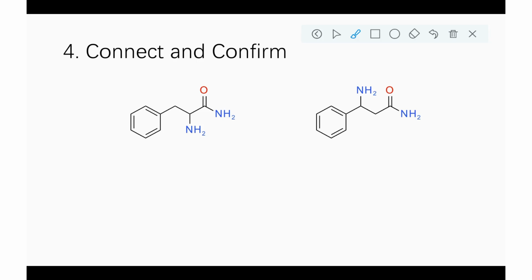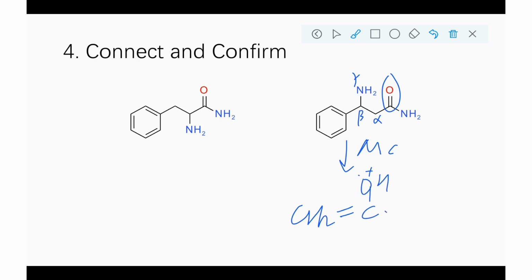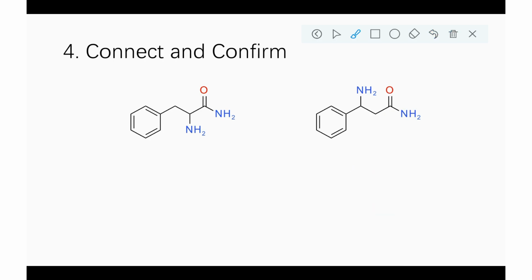But if we count it like this, this one is alpha, this one is beta, and this one is gamma, it can have a rearrangement, but it's not going to have a peak at 91. So by rearrangement, it's going to have an ion like this. So in this way, we can confirm that our structure is going to be structure 1.